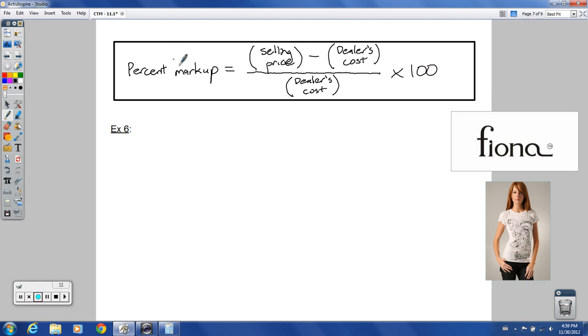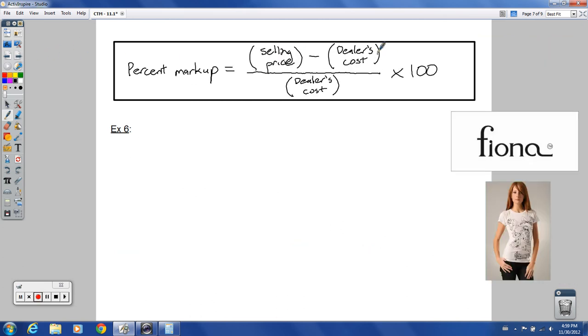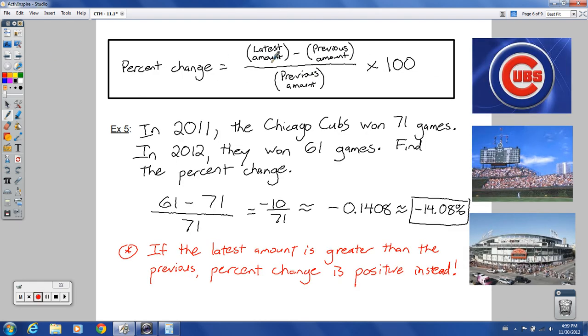So to relate this to what we just did, selling price is kind of the latest amount. That's the latest amount you're going to pay for it. And then the previous amount, what the dealer paid for it, matches up with the dealer's cost. So we have essentially the same equation here. So really nothing new to learn, just new words to insert in there instead.